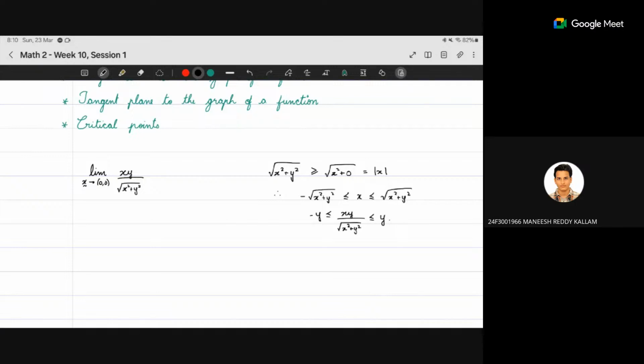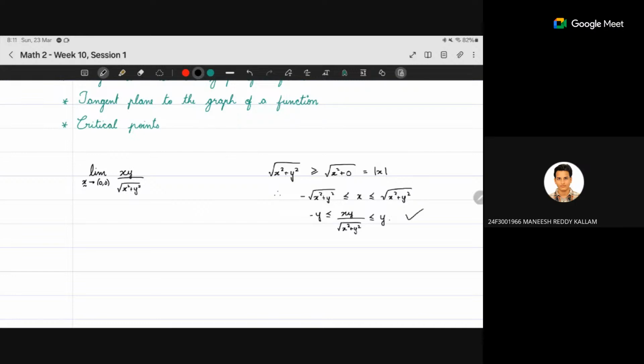Or if you find two different lines along which the limits exist but are different, that is also sufficient to say that the limit does not exist. But to actually prove that the limit exists, even if you say the limit along every line exists and is equal to the same quantity, that is not sufficient because you need it through all curves. That is the correct statement. Or alternatively, you will have to try to use the sandwich theorem, which is what I'm trying to do.